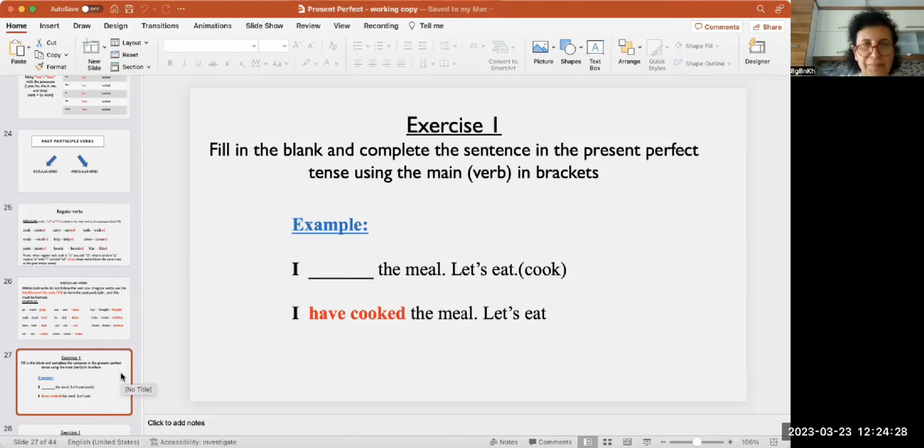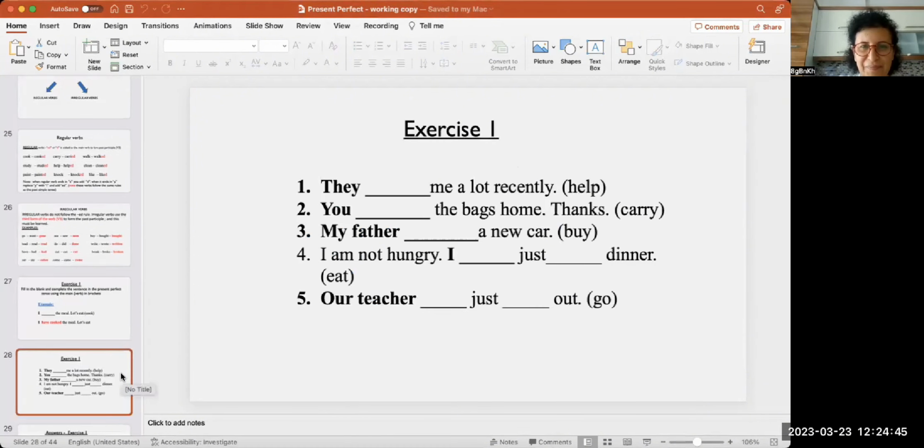So I'm going to give you some little exercise to do. If you have a piece of paper next to you, if you could just tell me how you fill in the blank to make it the present perfect. Here's your exercise. They have helped me a lot recently.